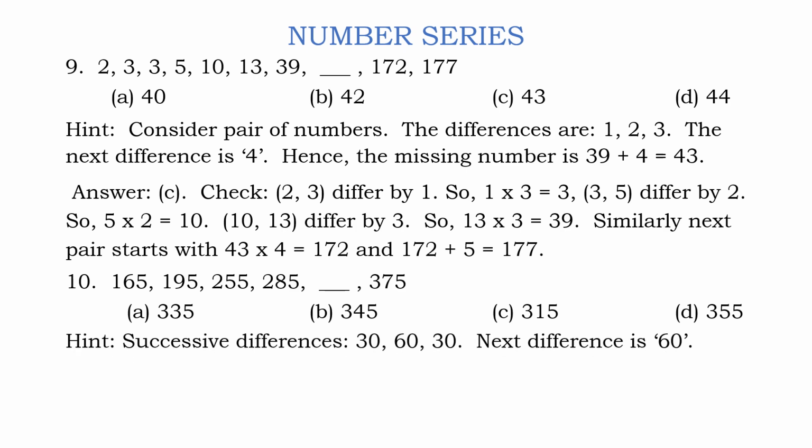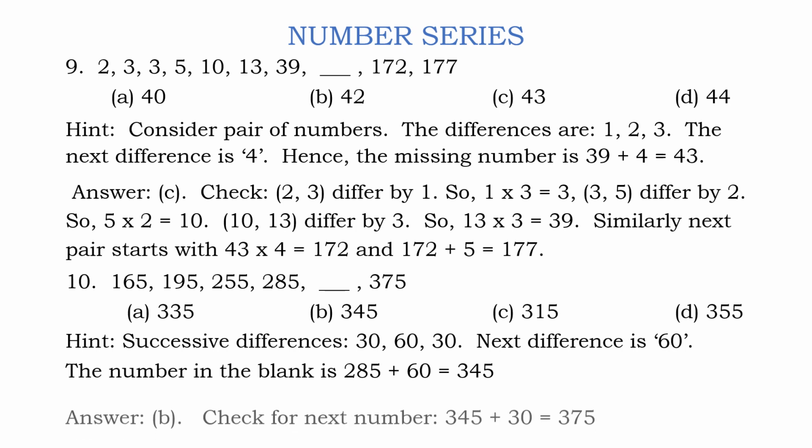See here, 165 and 195 differ by 30, 195 and 255 differ by 60, 255 and 285 differ by 30. Then the next number should be 285 plus 60, which is 345. And check for the next number: 345 plus 30 is 375.